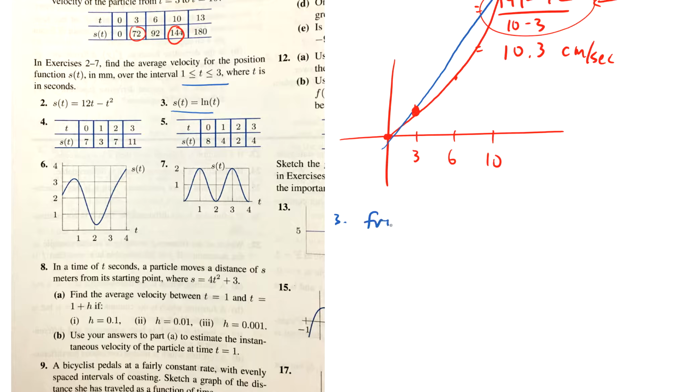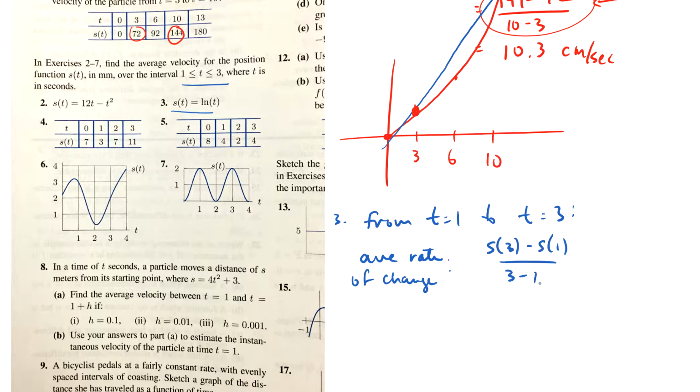From t equals 1 to t equals 3, the average rate of change is s of 3 minus s of 1 over 3 minus 1, which is natural log of 3 minus natural log of 1 over 2. And the natural log of 1 is 0, so it's natural log of 3 over 2.